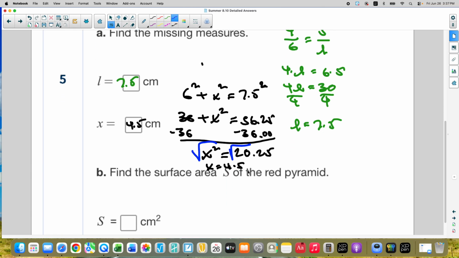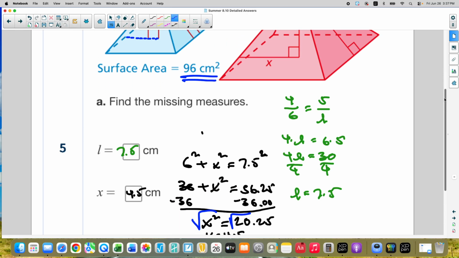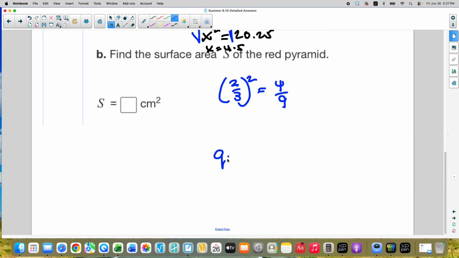But when we talk about surface area, this proportion, 4/6 or 2/3, is going to be squared. So it's actually 4/9. So we're going to multiply 96 times 4/9 in order to get our proportion. 3 goes into both of those. 3 goes into that 3 times. 3 goes into 96 32 times. So we have 32 times 4, which is 128 over 3.